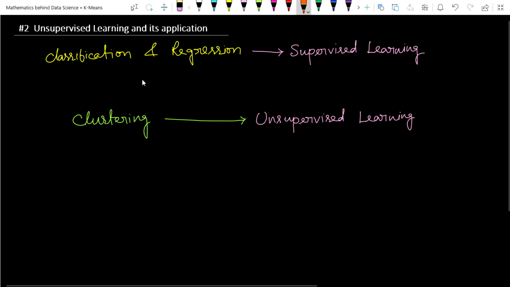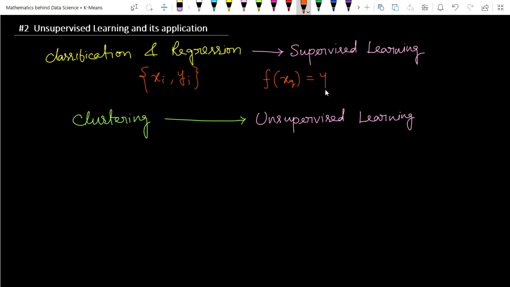Because for supervised learning, the data set has two types of quantities: xi, the independent variable, and the corresponding yi for that independent variable. Using this data set, we have to predict the function f that will give the output for a query point xq. This yq will be approximately equal to the actual yi.